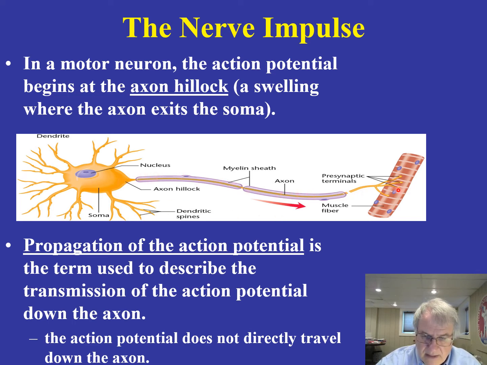At these spots right here, called the nodes of Ranvier, the action potential is being regenerated, and that's going to help push it down the length of this axon to the terminal endings that you see here. So the action potential does not directly travel down the axon. It's being regenerated at these different points, these nodes of Ranvier.